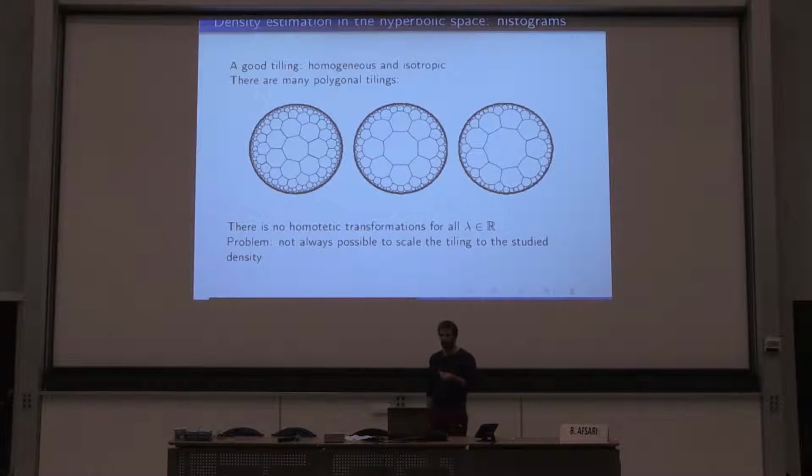The main problem is that there are no homothetic transformations for every scaling factor in the hyperbolic space. So given a tiling, it's not possible to rescale it as we want. When we are dealing with different phenomena, if we want to estimate different densities, and if we have a different number of samples, we will always want to rescale the original tiling. It means that we simply have to change the tiling, which is not very convenient. So we didn't push the study of histograms on the hyperbolic space.